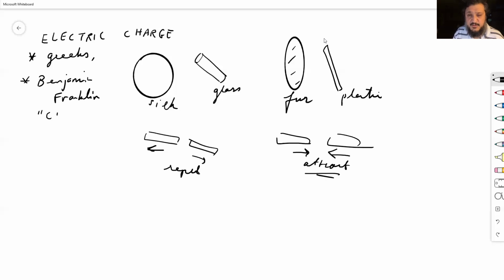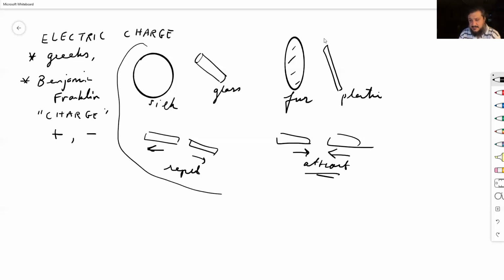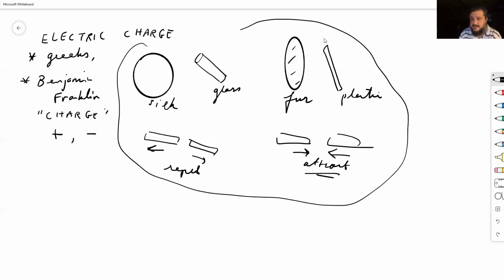So the word charge, namely positive and negative charges, we owe this to Benjamin Franklin. This is the 18th century. Now I'm going to explain why this happens, okay? Why do we have sometimes attraction, sometimes repulsion?